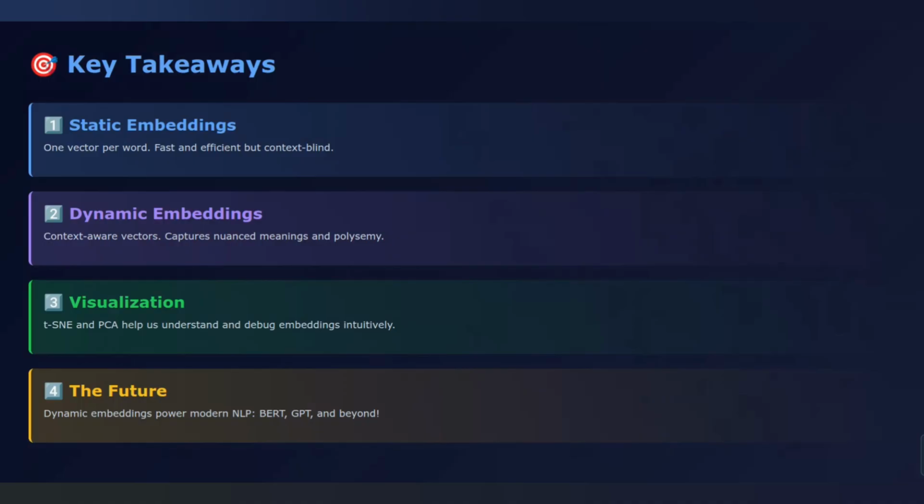Number 3. Visualization with t-SNE and PCA helps us understand and debug embeddings intuitively by seeing semantic relationships in 2D. And number 4, dynamic embeddings are the future. They power modern NLP systems and are the foundation of models like BERT and GPT.